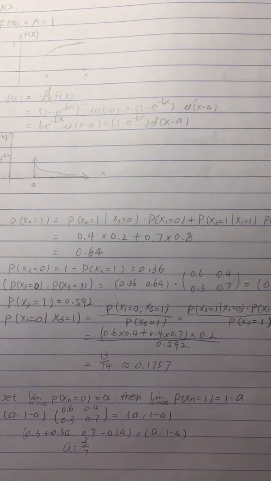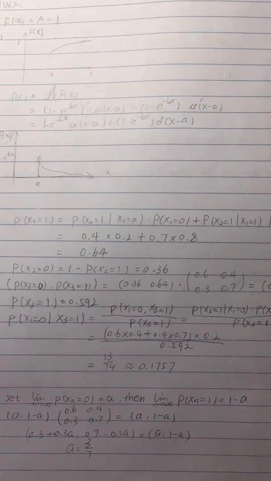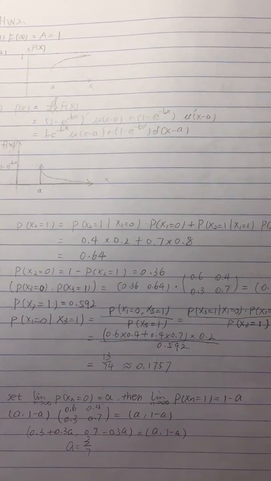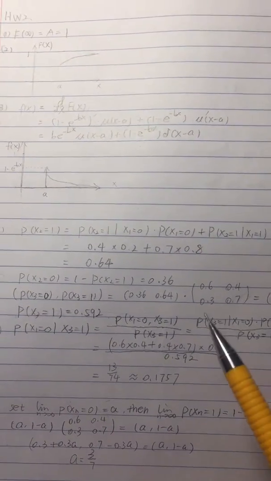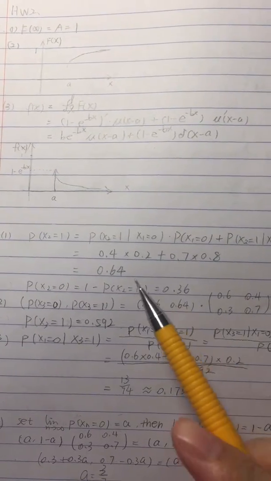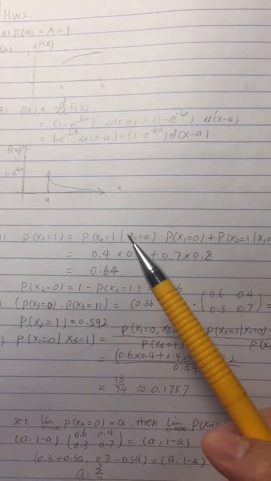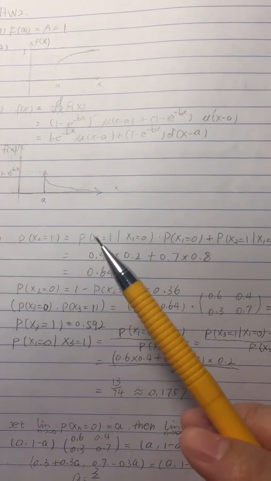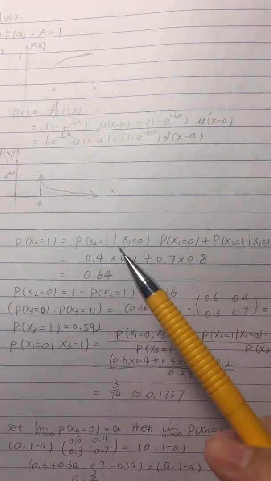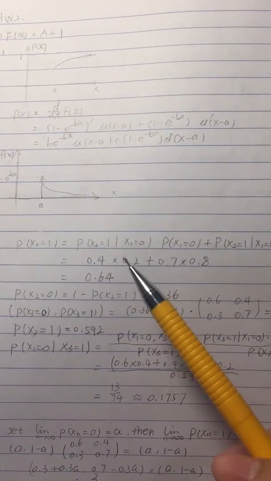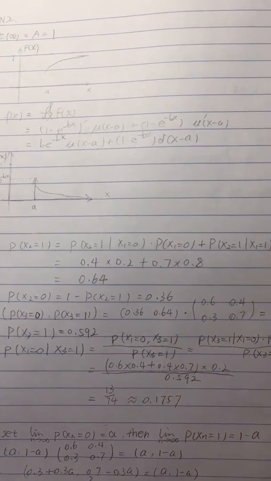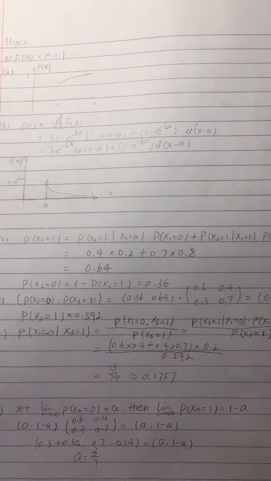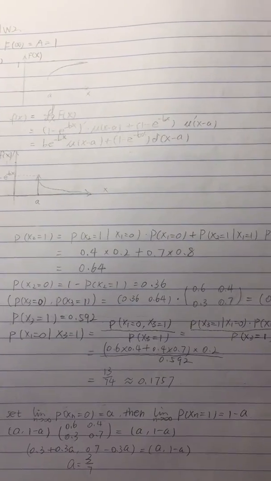So when x1 equals 0, the probability of x2 equals 1 is the probability of x2 equals 1 when x1 equals 0 times the probability of x1 equals 0.